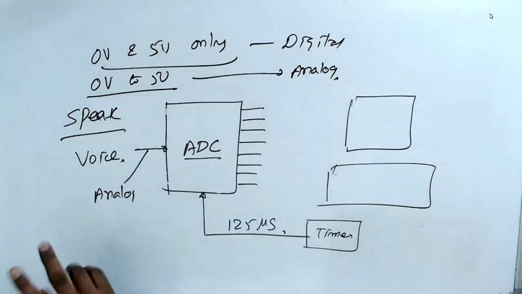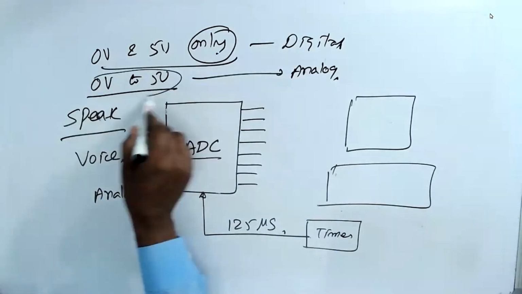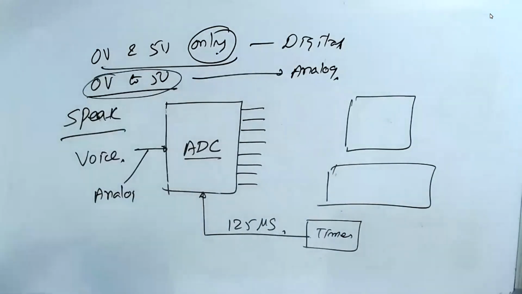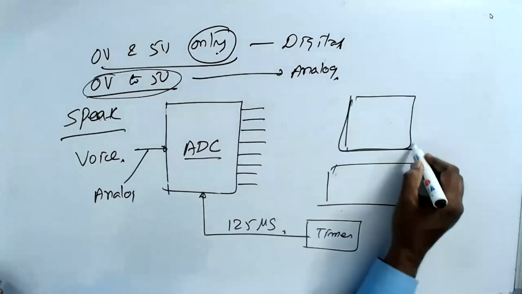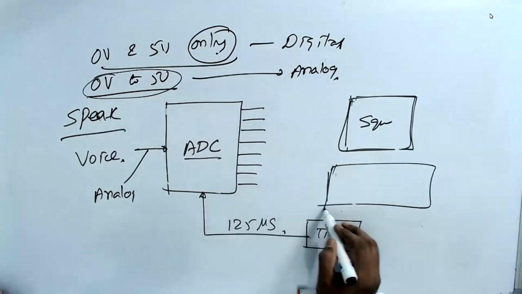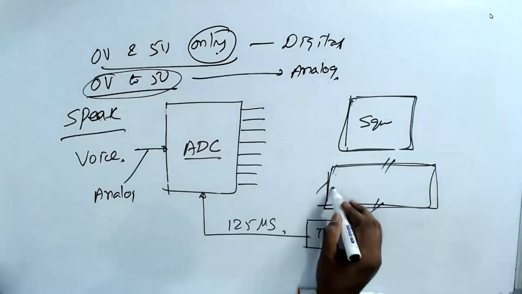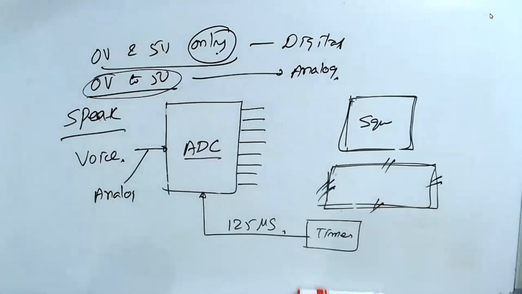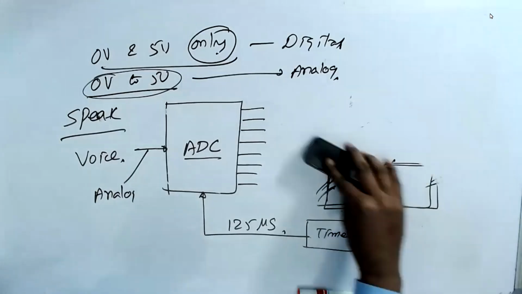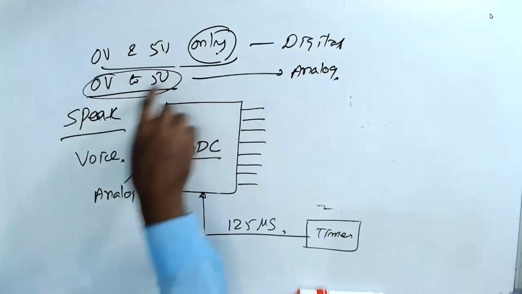So understand the difference. So you cannot say that a voltage is analog or digital. All the voltages are analog. But if all sides are equal, then you call it a square. Otherwise, it's a rectangle. Am I right? If opposite sides are equal, then that is a rectangle. The same way here, 0 volt and 5 volt only means digital. 0 volt to 5 volt, anything is called analog.